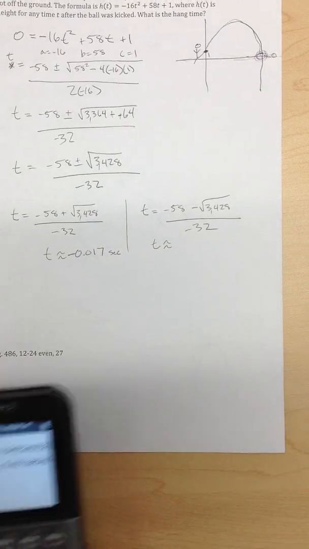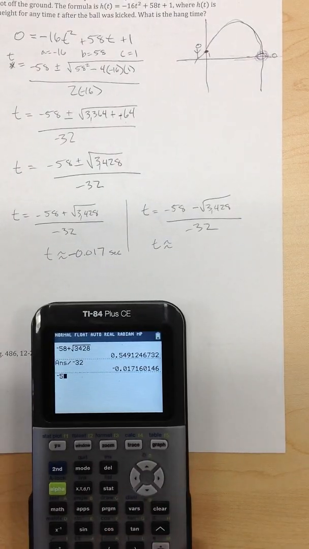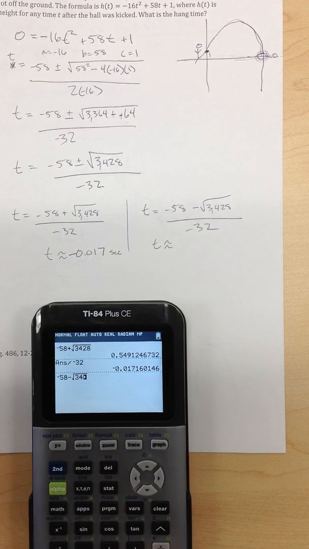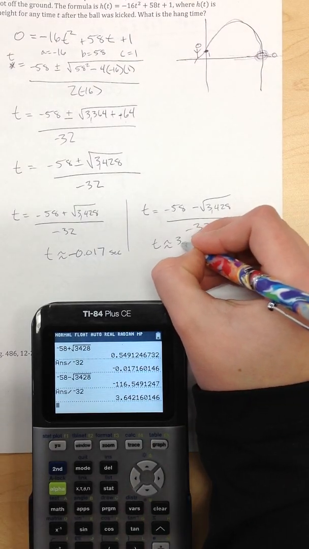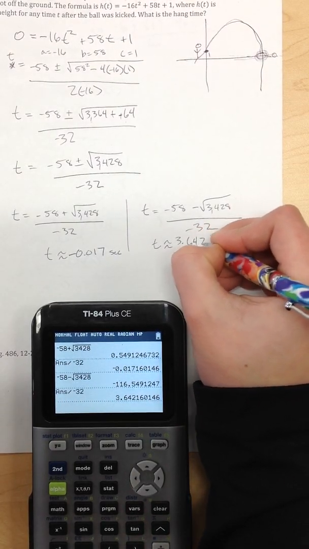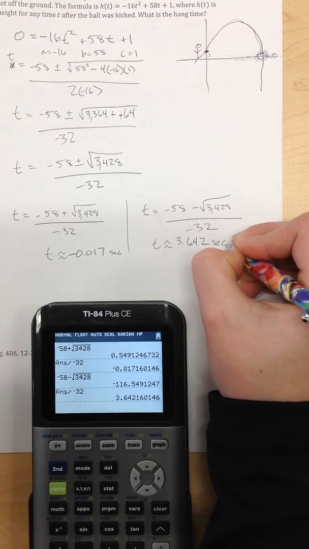And then same thing here, I'll just plug it in, so I'll do negative 58, this time minus the square root of 3,428, enter, and then divide that by negative 32. So that would be 3.642, and that would be seconds.